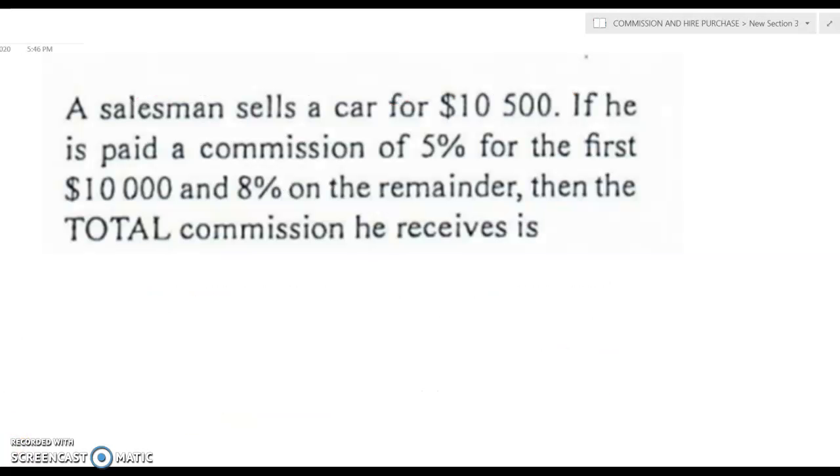All right, so this question says, a salesman sells a car for $10,500. So he sells the car for this amount, right? So let's put "sells" on top there.